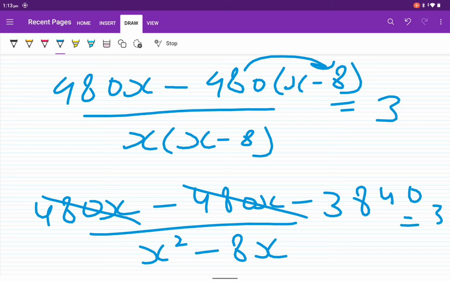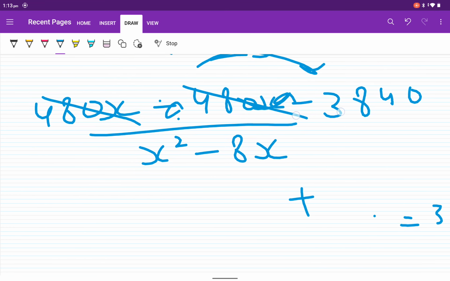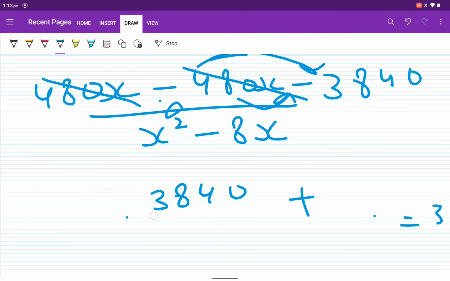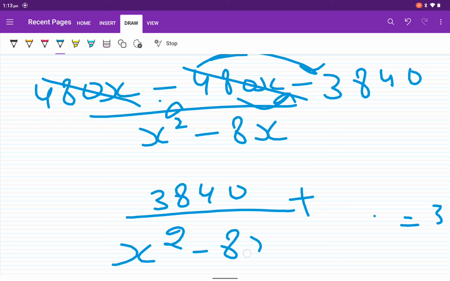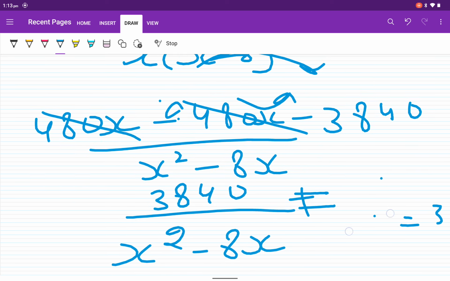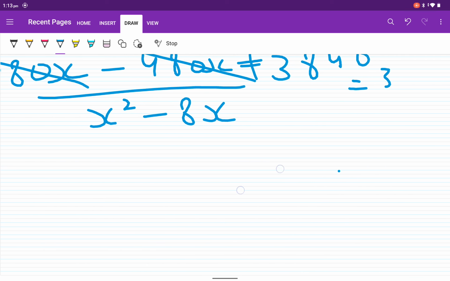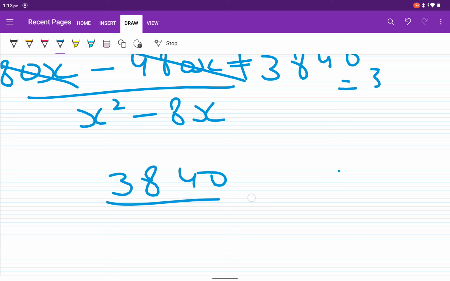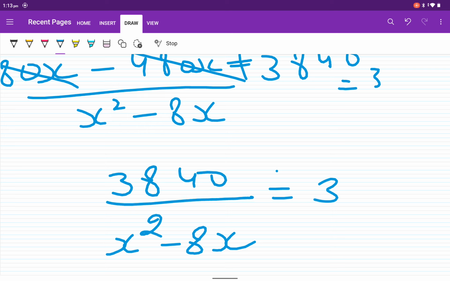So how will you write here? Minus into minus would be plus. So here it will be 3840 upon x square minus 8x, equal to 3.